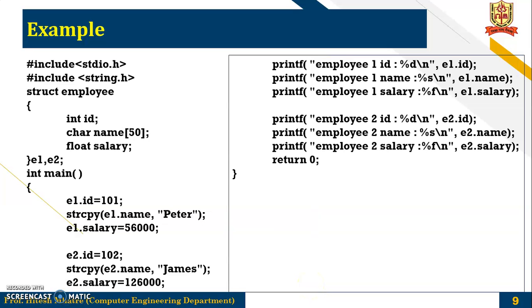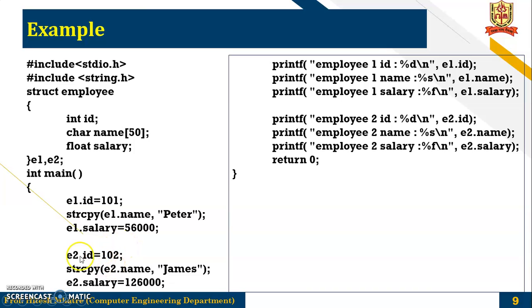Now another example where we are using two variables. So E1, E2, again same. Here I am considering salary as a third element. So E1.id 101, again copy the value, say Peter, into the E1 name. Then salary is say 56,000. Then E2.